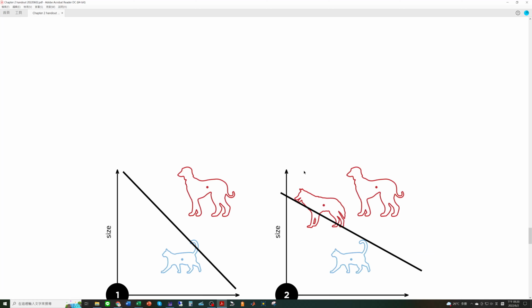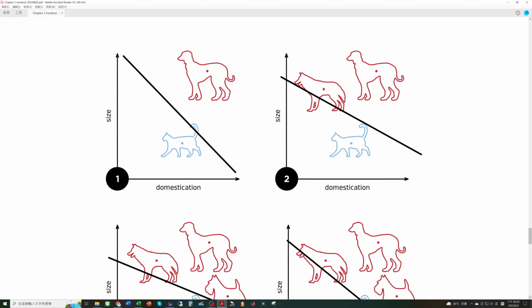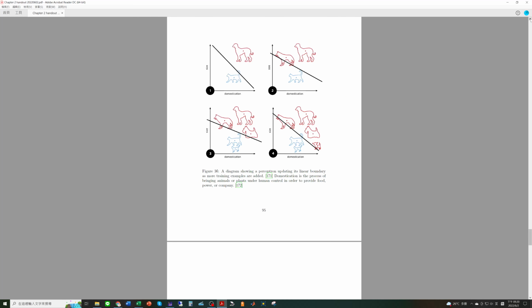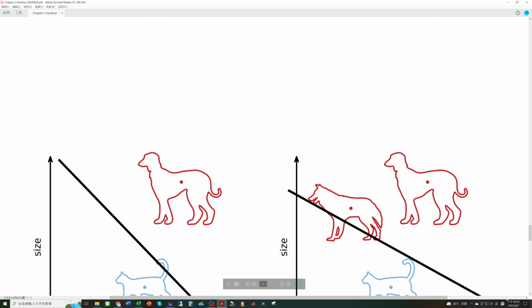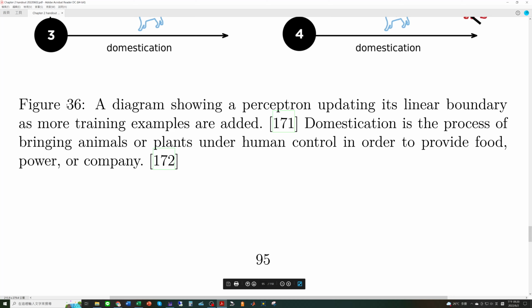Next, let us see two figures. First is figure 36, a diagram showing a perceptron updating its linear boundary as small training examples are added.